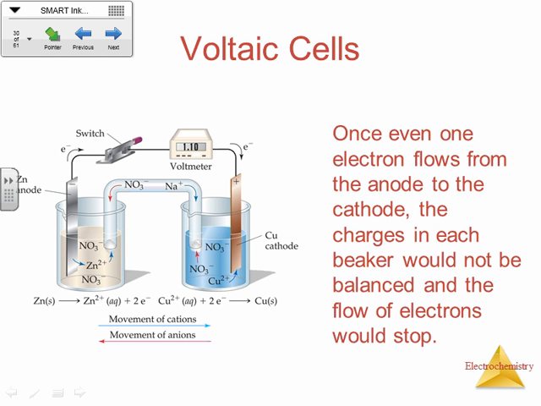What's the overall charge on this side going to be compared to this side? That's an awkward way to ask that question. What happens to this side after 1 or 2 electrons flow through this circuit? This becomes more negative than this side, right? And this side's going to become more positive. Okay?